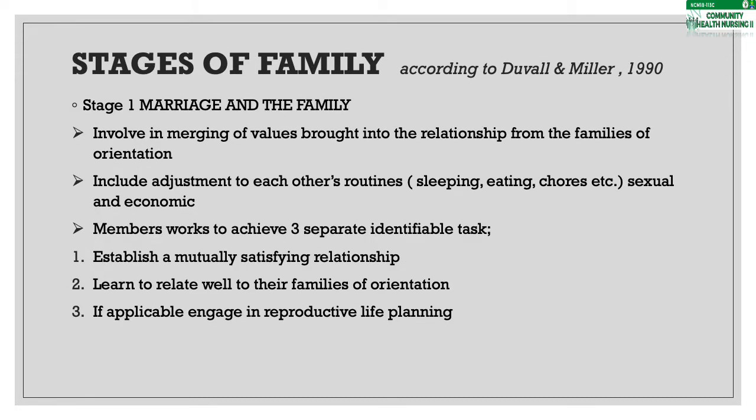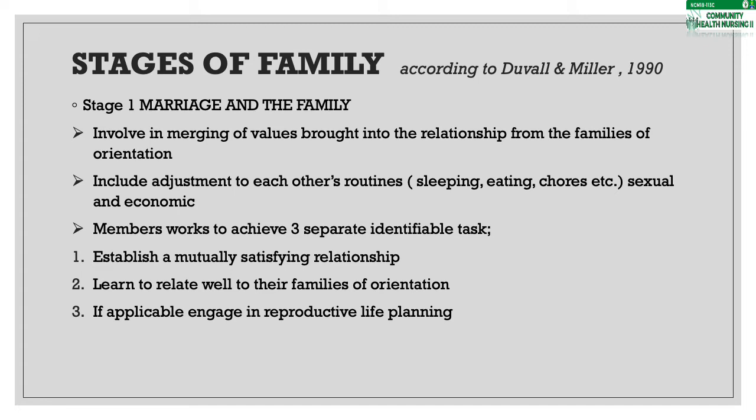Now, we have the stages of family according to Duvall and Miller. Okay, so stage 1 involves the marriage. Okay, the marriage and the family. So, what is needed is the character, okay, the values on both sides, the mama's or the papa's.